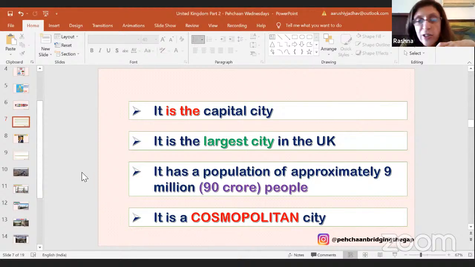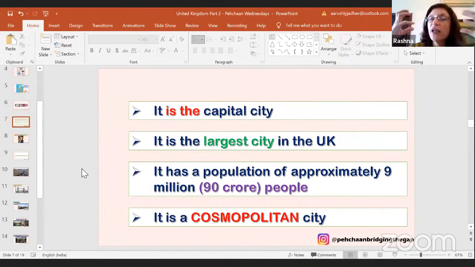Okay, what do you understand? It's a capital city, it's the largest city, it has a big population, all that you understood. What is a cosmopolitan city or a cosmopolitan country? New word. What is cosmopolitan? Any idea? No hands up? Okay, let me tell you.